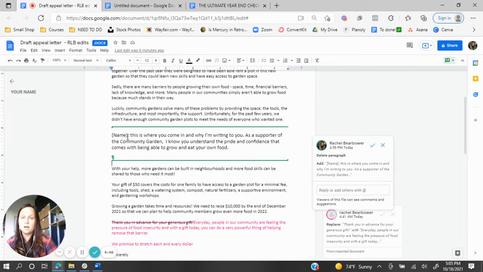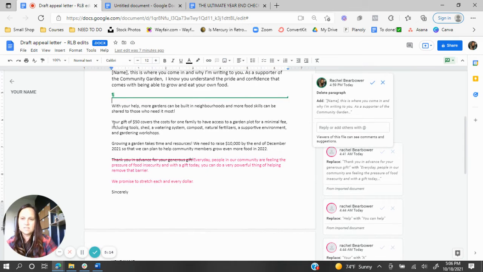"As a supporter of the community garden, I know you understand the pride and confidence that comes with being able to grow and eat your own food. With your help, more gardens can be built in the neighborhood and more food skills can be shared with those who need it most." Okay, so by adding that paragraph, you are reminding the donor why it is that they are passionate about your organization.